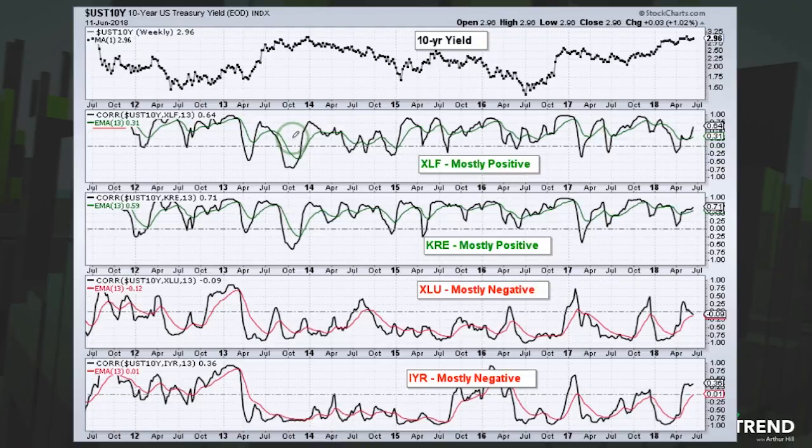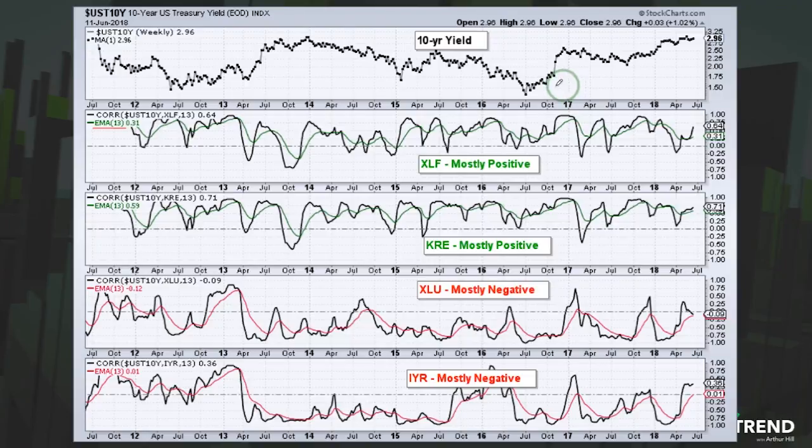We don't time market moves with correlations. They just give us a broad brushstroke idea of how two assets are related and how they respond to each other. Correlation is not always causation, but in the case of Treasury yields and banks, and Treasury yields and utilities, there's pretty strong cause and effect working.